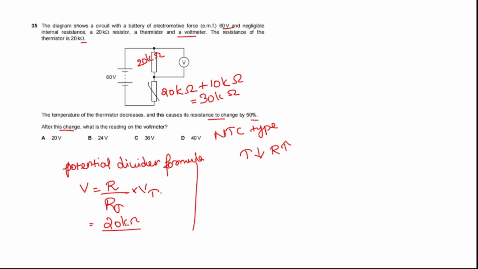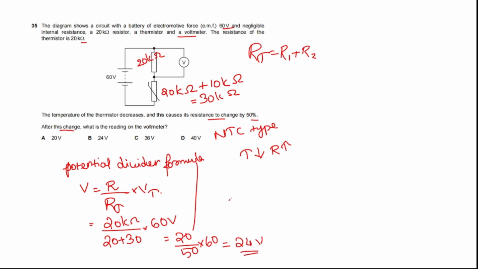These two resistors are connected in series, so the total resistance is the sum of the two resistance values. 20 plus 30 will be 50 kilo ohms, multiplied by the voltage, which is 60 volt. So 20 divided by 50 multiplied by 60 is 24 volt. You can directly get this.